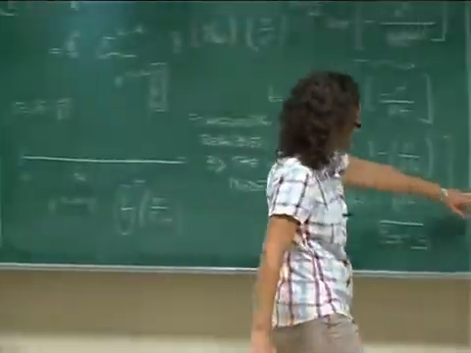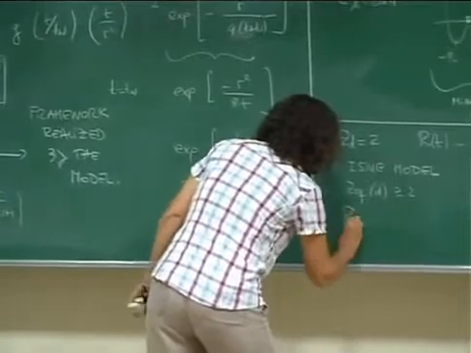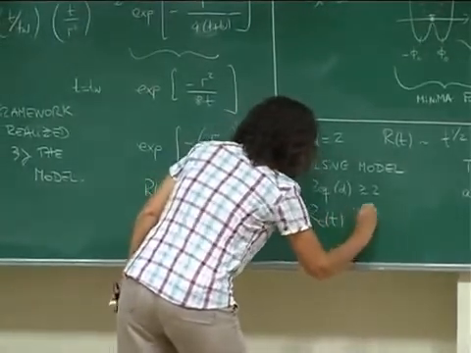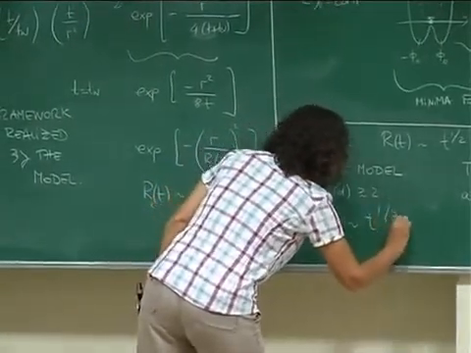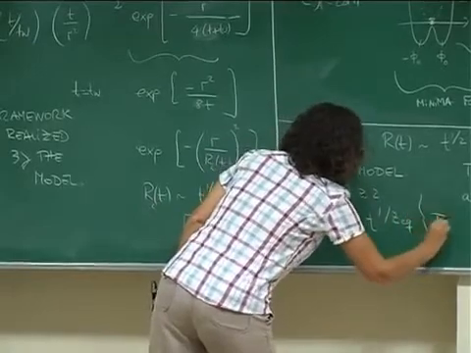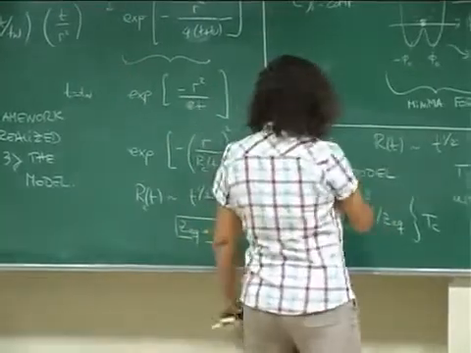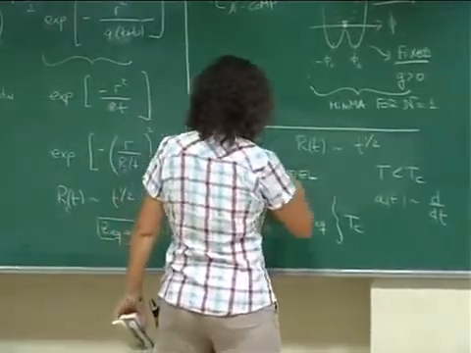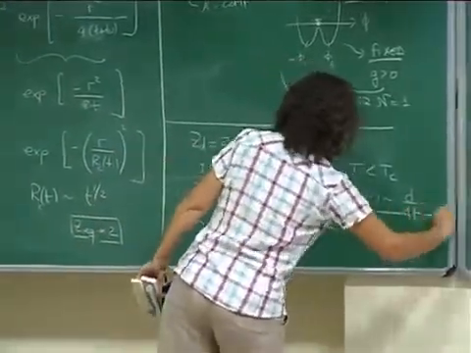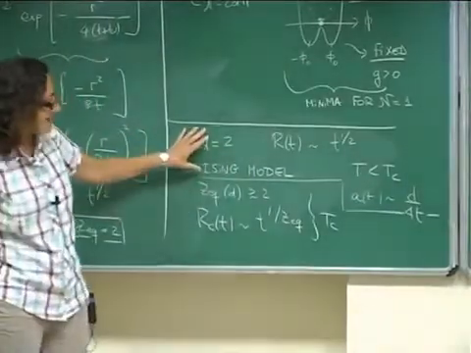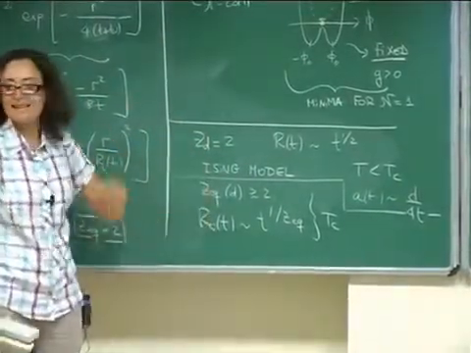This is the dynamic exponent that characterizes the growth of equilibrated patches at Tc. So this is at Tc. This one is the one that characterizes the equilibrated patches below Tc. So let me put it like this: what's above the line is below Tc, and this is at Tc.